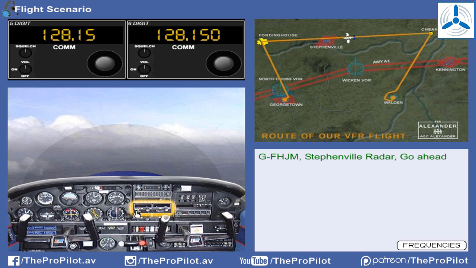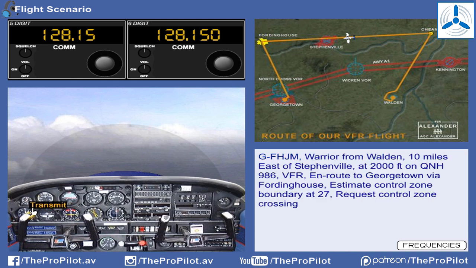Golf Foxtrot Hotel Juliet Mike, Stephenville Radar, go ahead. Golf Foxtrot Hotel Juliet Mike, Warrior from Walden, 10 miles east of Stephenville at 2,000 feet on QNH 986, VFR, en route to Georgetown via Fording House, estimate control zone boundary at 27, request control zone crossing.